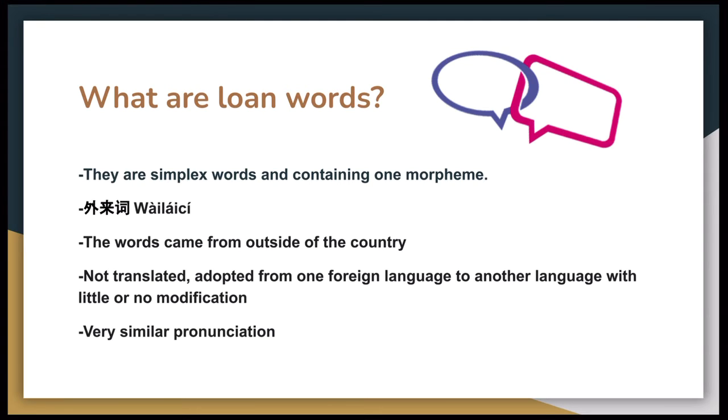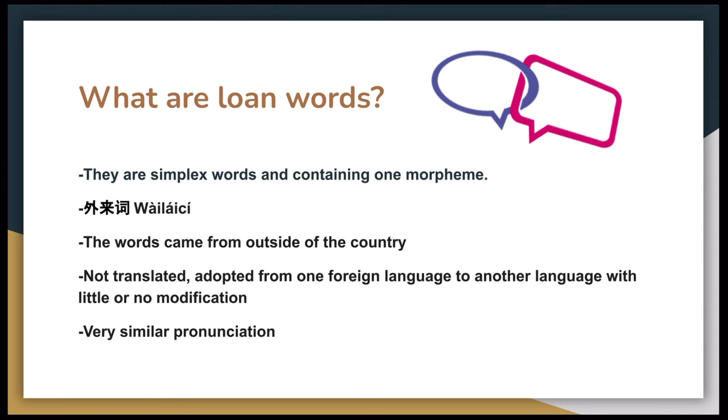So we need to use their own word, because it's really hard to rename everything that was new. Therefore, loanwords are words adopted from one foreign language into another language with little or no modification.